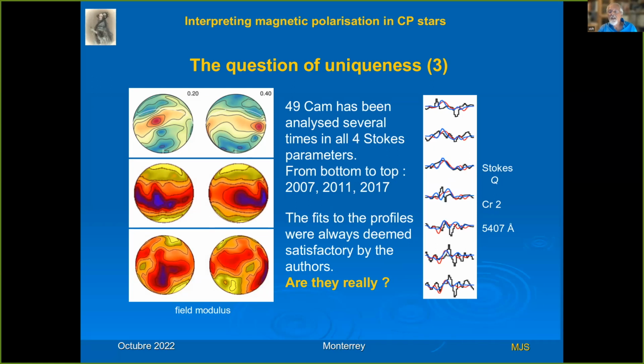So there is not a really good fit, and obviously for about the same quality of fit, sometimes you get, as here, a not very extended spot. Sometimes it's an equatorial belt. Sometimes it's something still different. So you cannot say that you have ever obtained a unique model of this star.